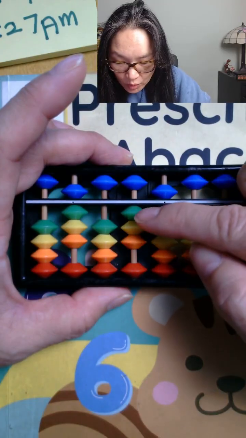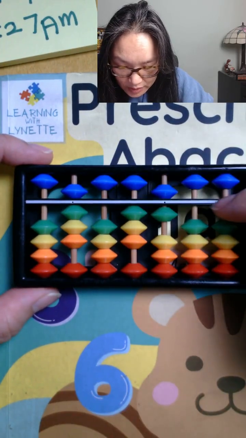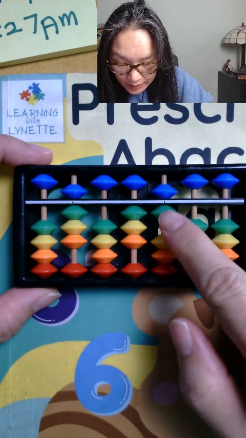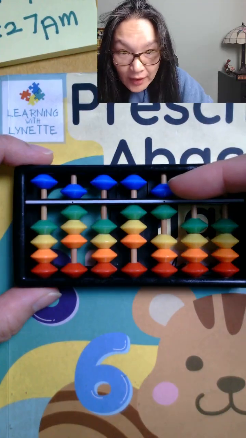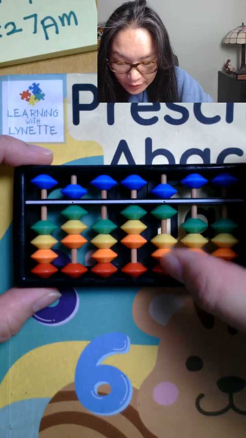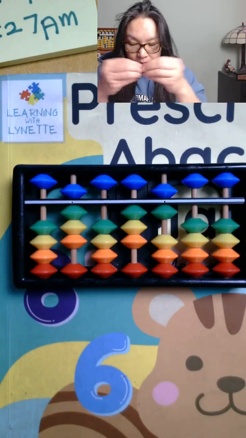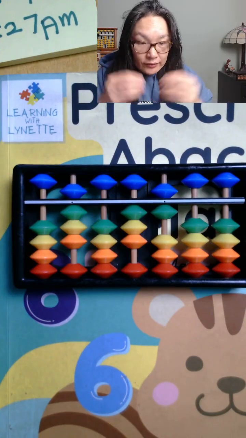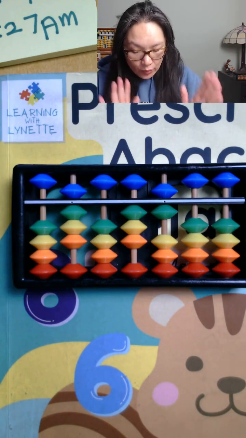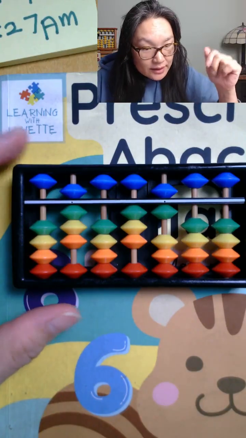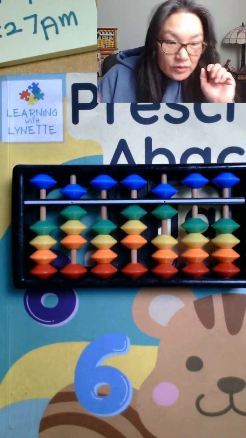How do I know? 1, 2, 3. None of the beads are touching the rest of the horizontal bar. And then there's 6. How do I know? 5, 6. When we count, we know that the top bead is 5 and the bottom beads all have a value of 1. But we don't count these ones because they're not touching, they're not connecting to each other. Easy, simple to use, easy to understand. When we start understanding how to read it, then it makes a lot of sense. Good job, Chops and Harp and Ghost and more Chops.